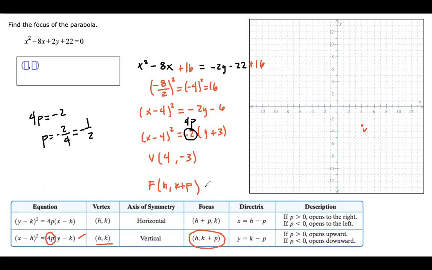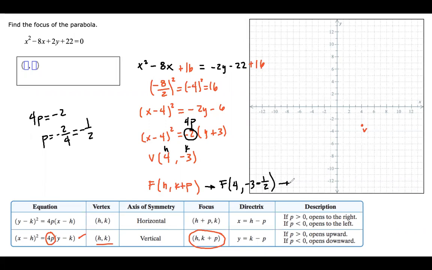That will make the focus h, in this case, this is h and this is k, 4 comma minus 3, plus, but because it is minus 1/2, we're going to write it as minus 1/2.